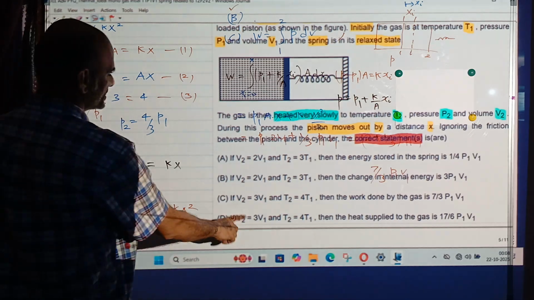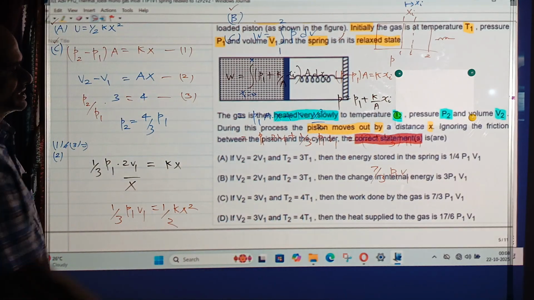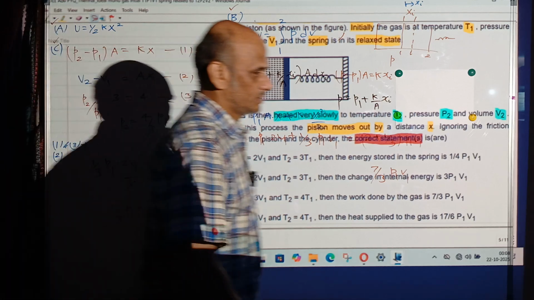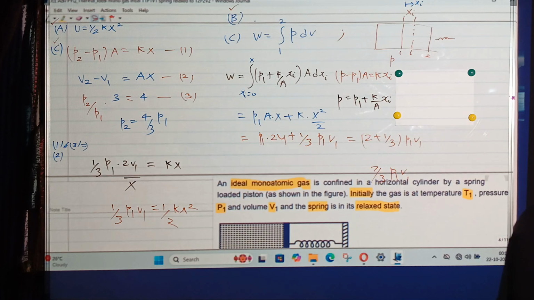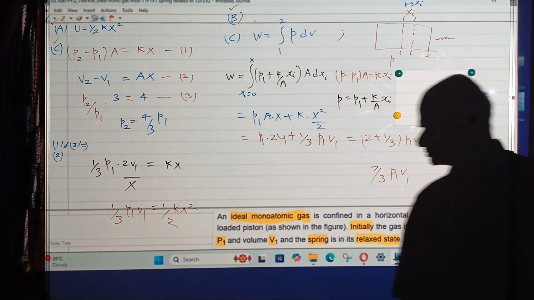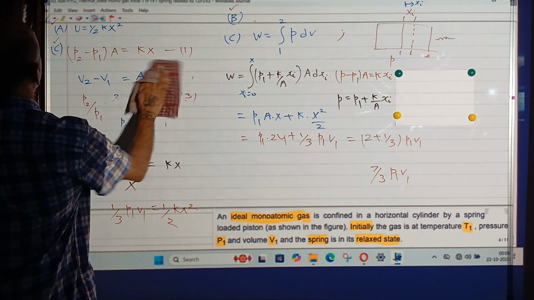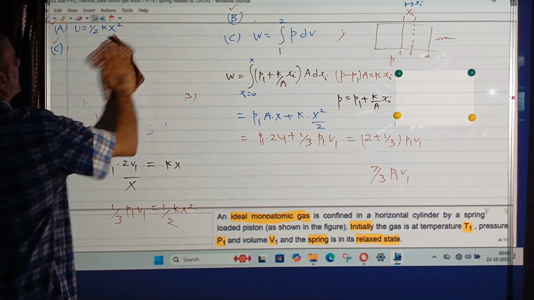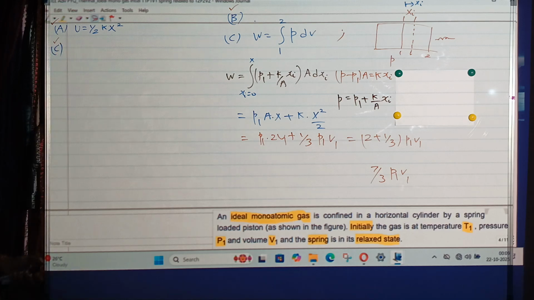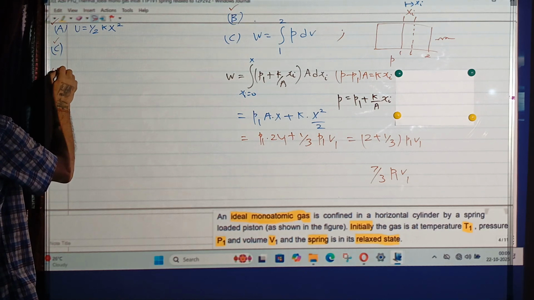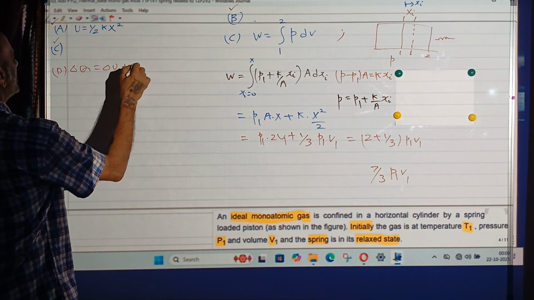Option D, the volume ratio is the same as option C, thrice, and the temperature ratio is the same as option C, which is 4 times. Heat supplied to the gas. Using the first law of thermodynamics, option D, heat supplied Q or delta Q is equal to delta U plus work done.